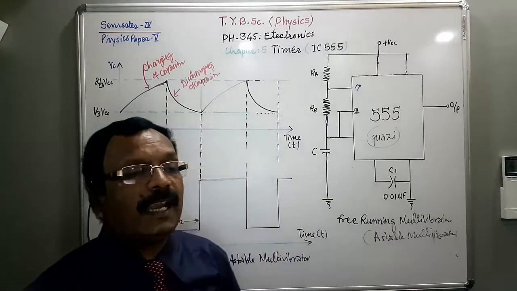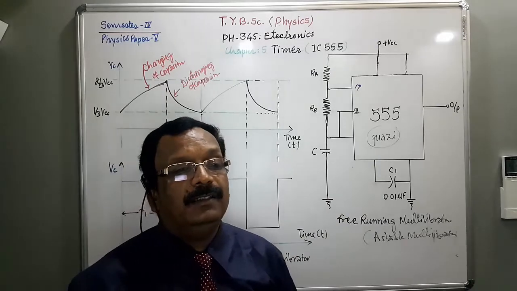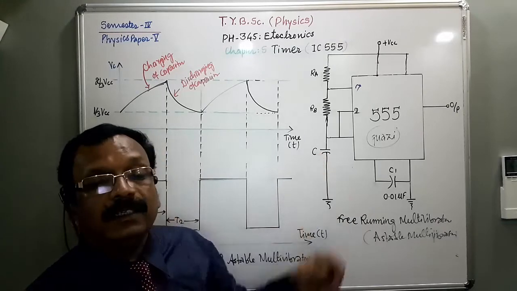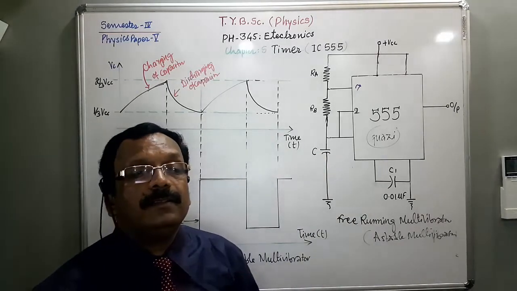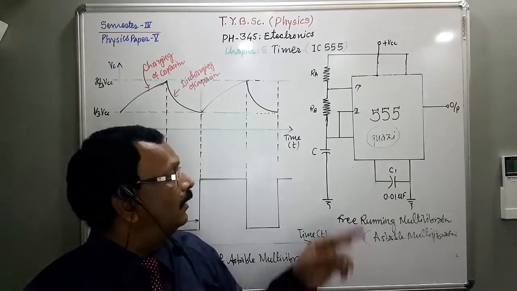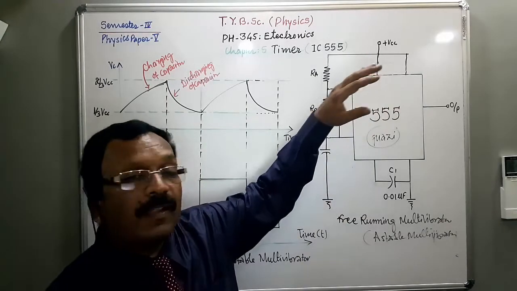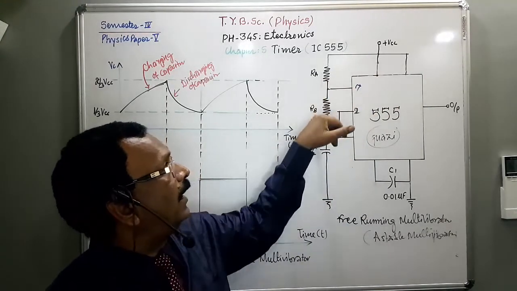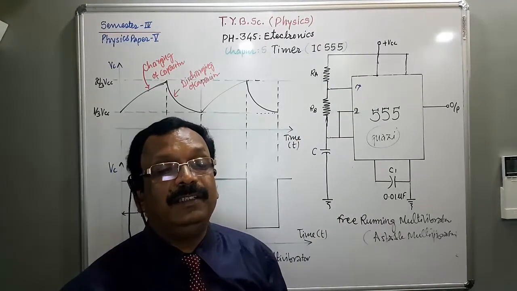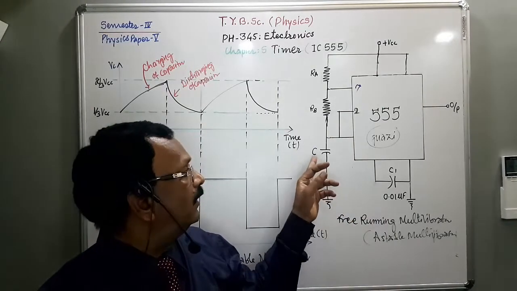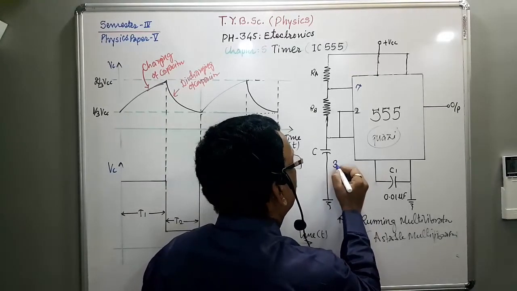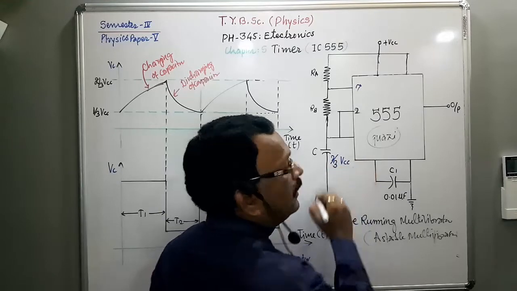When the output is at high state, capacitor C is charging through RA and RB. When this capacitor is charged, the voltage across the capacitor C reaches 2/3 VCC.